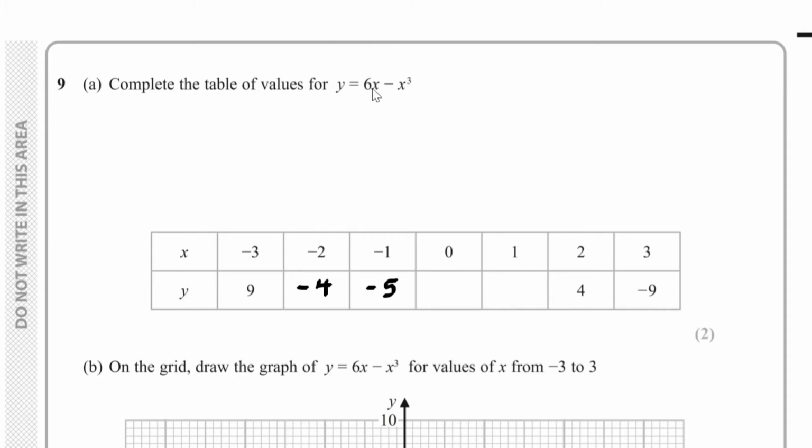When x is 0, we've got 0 subtract 0, which is just 0. Then when x is equal to 1, we've got 6 subtract 1, which is 5. And so here are the corresponding y values for our x values.